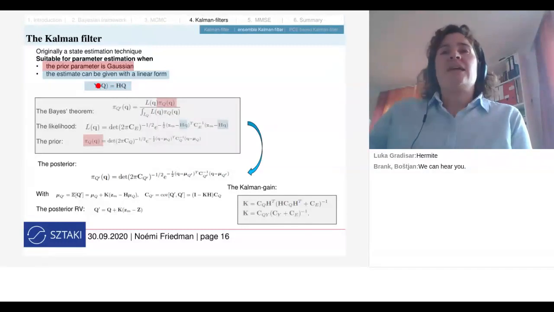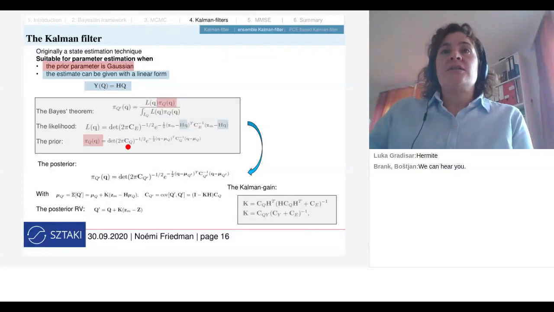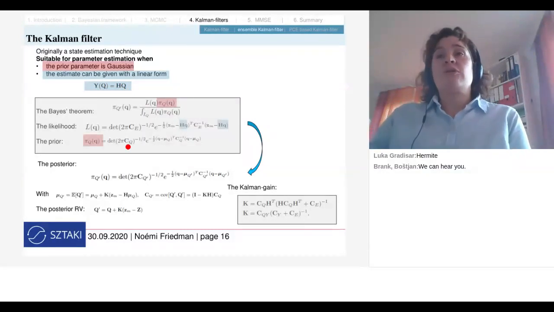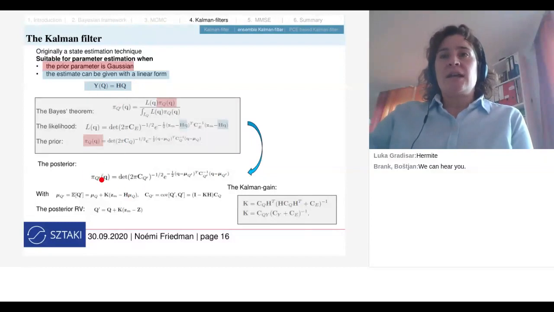And it says that I can reflect my observable as a linear map from Q to Y. This is really something that's not true for any of these problems that I showed you, but let's suppose that it can be linearly represented. Then here I have my likelihood. Sorry, this is the posterior.